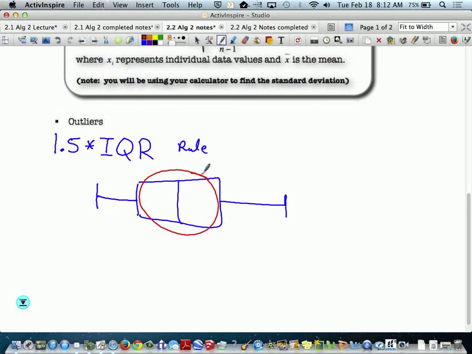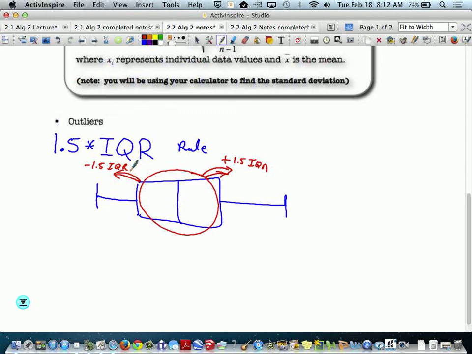And what you're going to do is add that 1.5 IQR from the top of the box, and subtract 1.5 IQR from the bottom of the box. Anything that's outside of those two numbers would be considered an outlier.